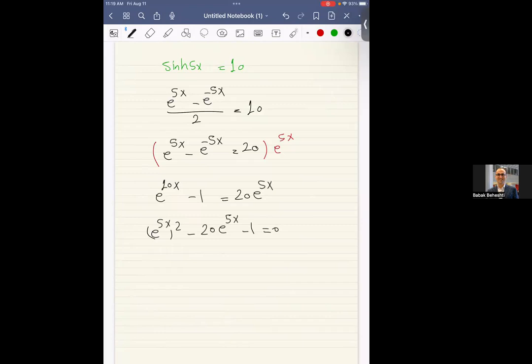Again, this is a quadratic in terms of e to the power 5x, right? So it's e to the power 5x squared. That means you have this equation, t squared minus 20t minus 1 equal to 0. Then solve for t, and at the end, remember t is e to the power 5x.